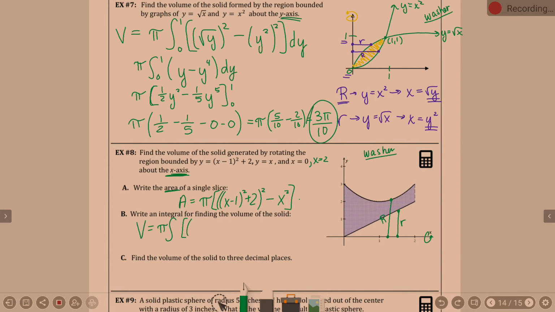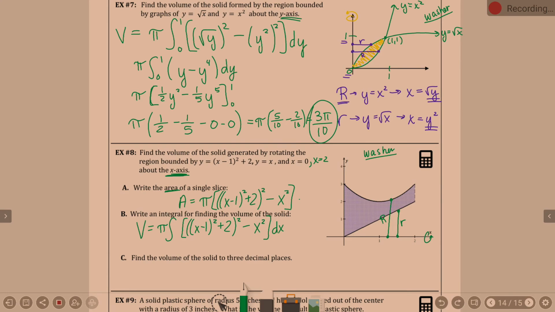Parenthesis for the first function, parenthesis for (x minus 1) quantity squared, plus 2, in the parenthesis for the first function, and square it, minus x squared. And I'm ending the bracket, that's all my big R squared minus little r squared. And then to make it volume, we need times the height, and so that is dx.